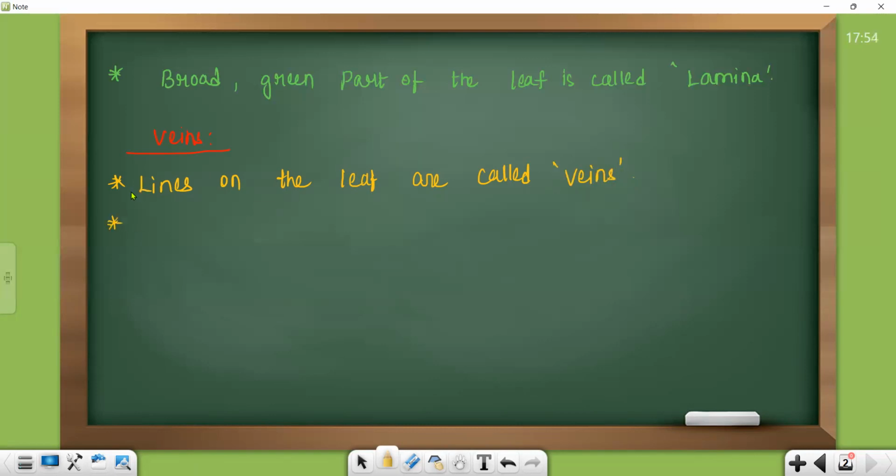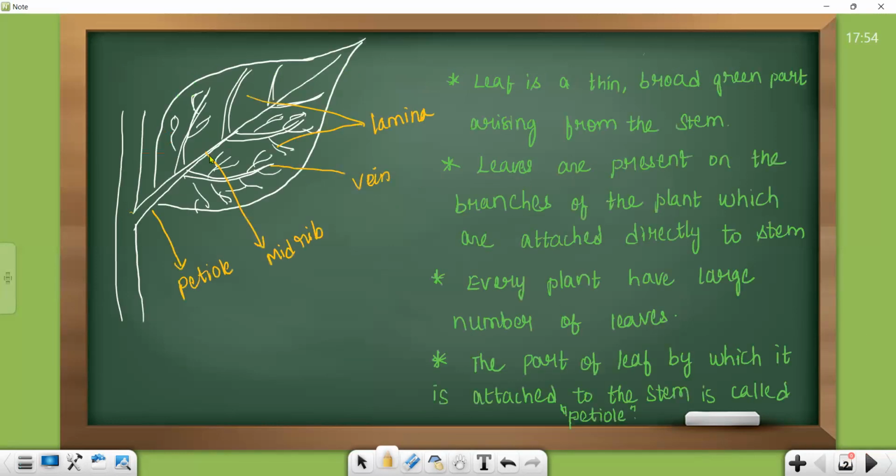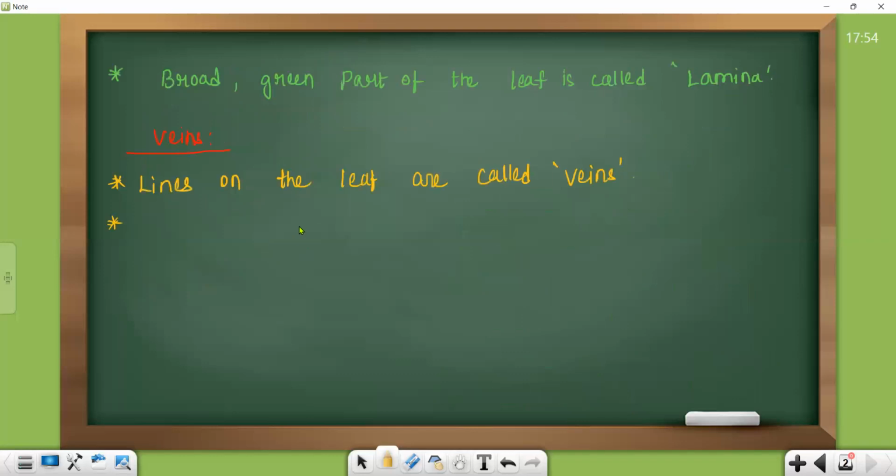Okay. Next. In the middle, there is a big vein, a big line in the middle, which is a little broader. That line is called the midrib. A prominent line which you can see in the middle.